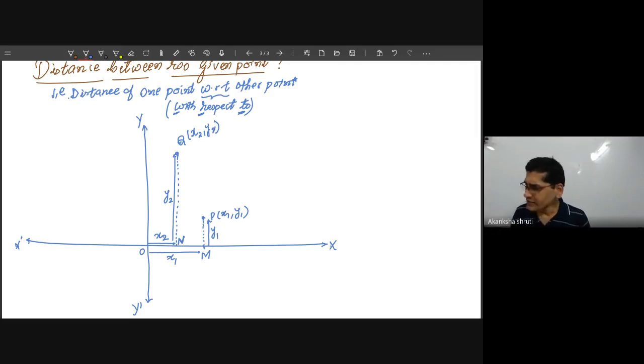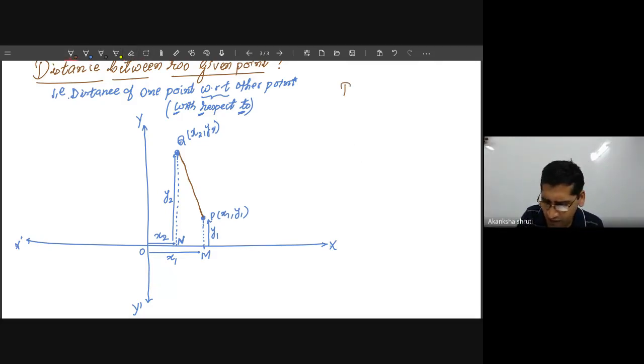If a person is looking from P toward Q, he is interested to know what is the gap between P and Q. Means our requirement is only this much. For calculating this PQ, we want to know PQ is equal to what?